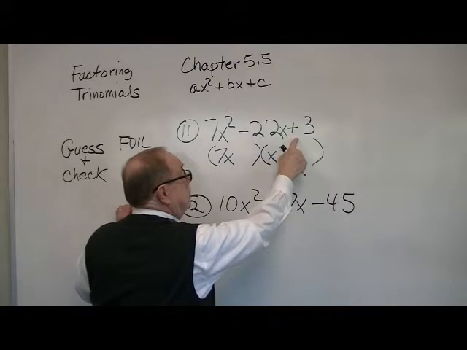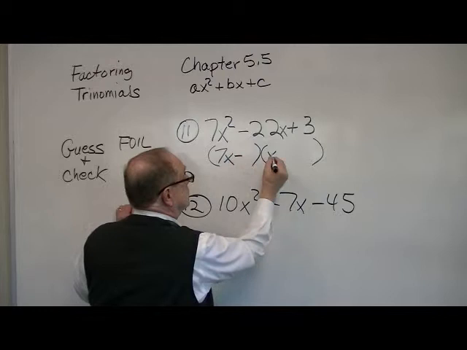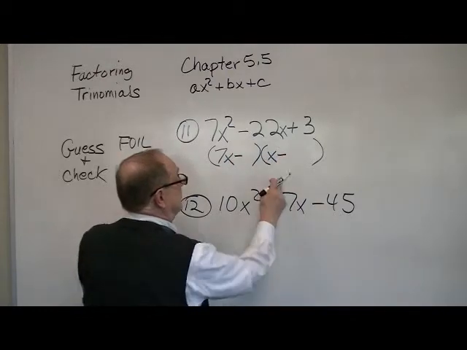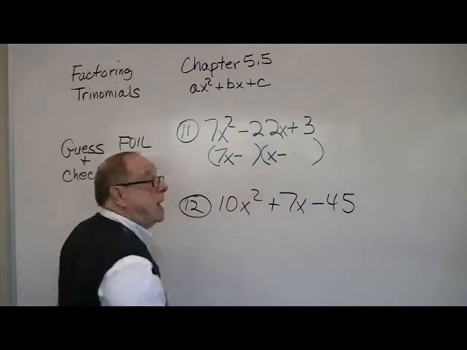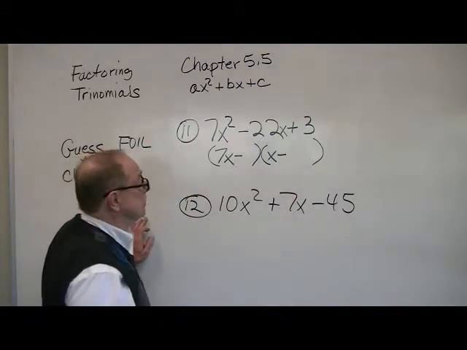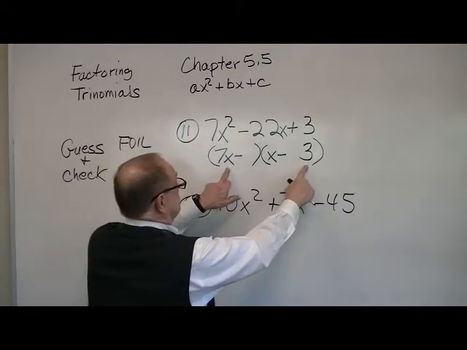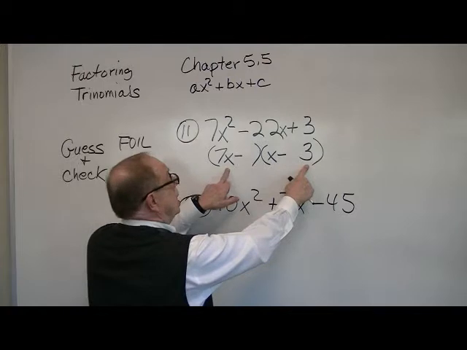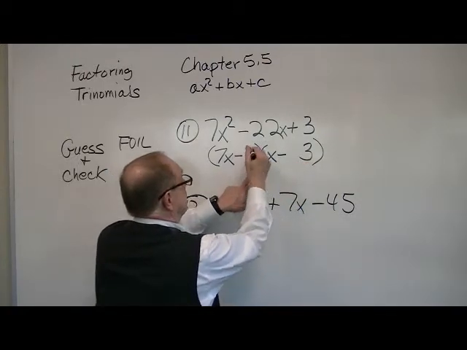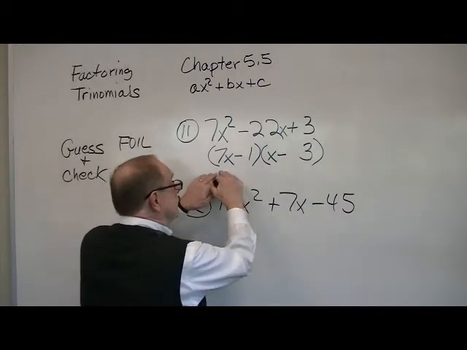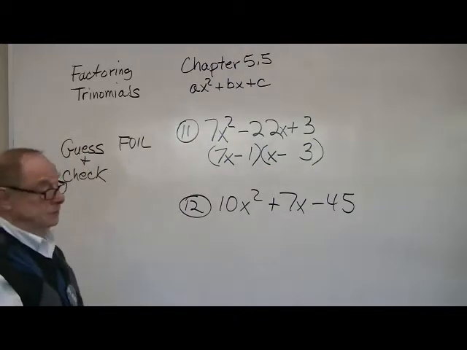In order to get a positive sign there, you need two of the same signs. So both of these are going to be negative to give you a positive. And 3 happens to be prime also. So you're going to put a 3 there. Because as you do this, this is 21, 3 times 7, and then this will be a 1. And then if you FOIL that, you see that's the correct answer.